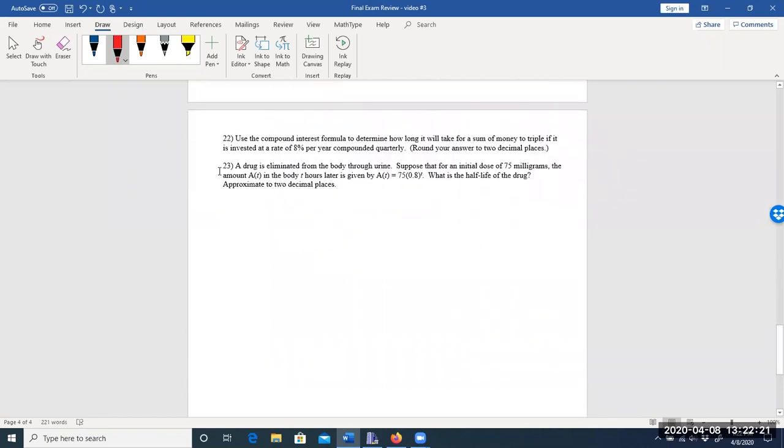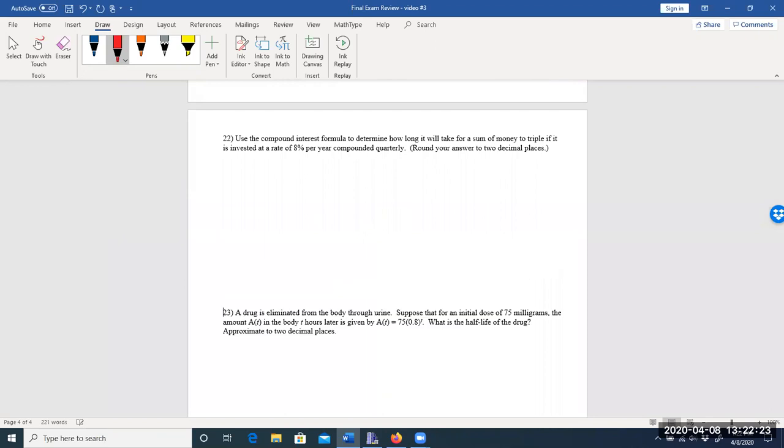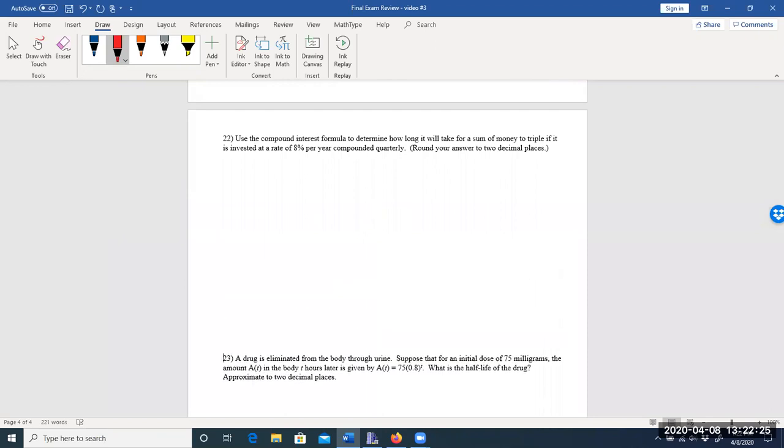So number 22 says we need to determine how long it would take for a sum of money to triple if it is invested at a rate of 8% per year compounded quarterly. Okay, this time because I see compounded quarterly, this is the other formula, the other compound interest formula.